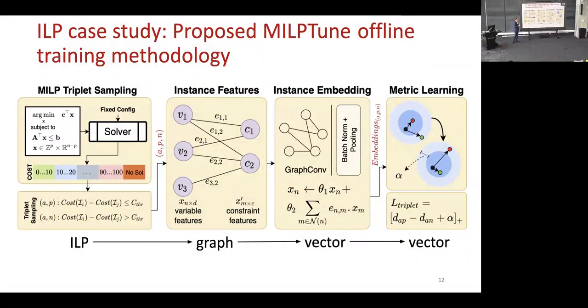Okay, so the general idea is that I'm going to take my ILP represented as a graph, as a bipartite graph in particular. I'll show you how this works. And then after I represent it as a bipartite graph, I'm going to run a graph convolution network. The outcome of this graph convolution network is an embedding, a vector, a tensor at the end of the day, that represents my ILP instance. Now that tensor, afterwards, I will run something on it called metric learning.